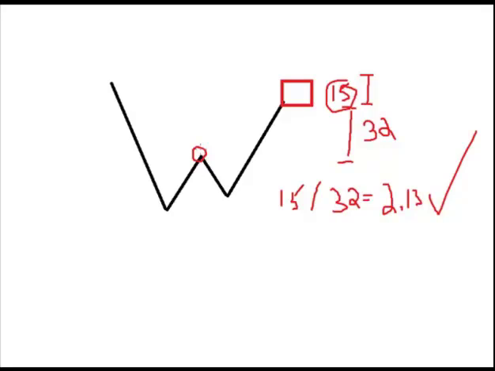If you see a pattern you like, it has good structure and meets the criteria we're going to go through in all of these lessons, and you decide it fits your trading plan, instead of entering right at the entry, you might enter halfway through, so instead of risking 15 pips, let's say you're risking 8.